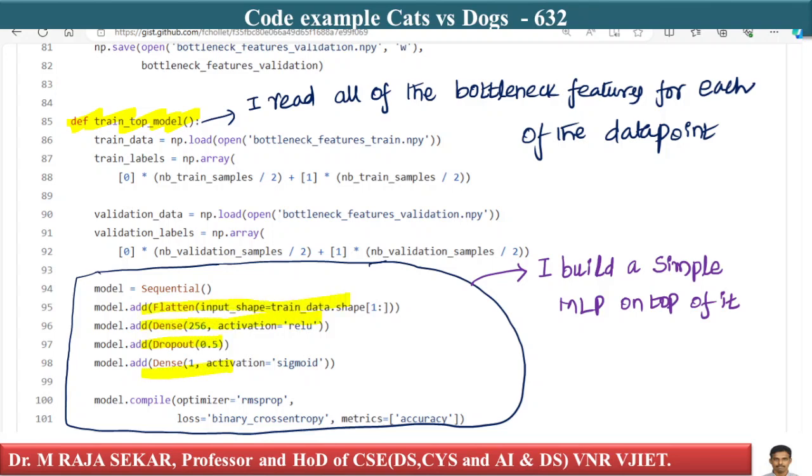Model equal to Sequential, model.add flatten, model.add dense, dropout, model.compile. All these things we discussed. I have a flatten layer followed by dense layer, dropout, dense. This is a multi-layer perceptron.